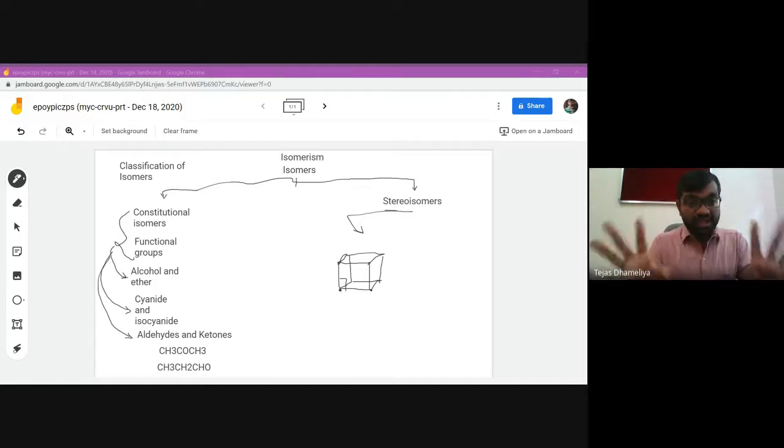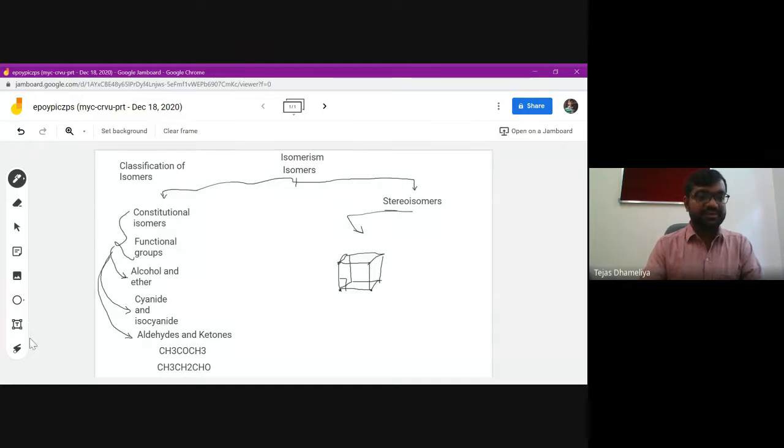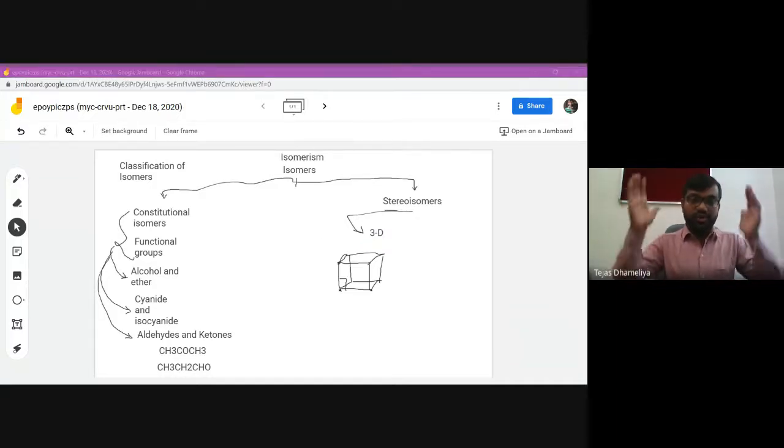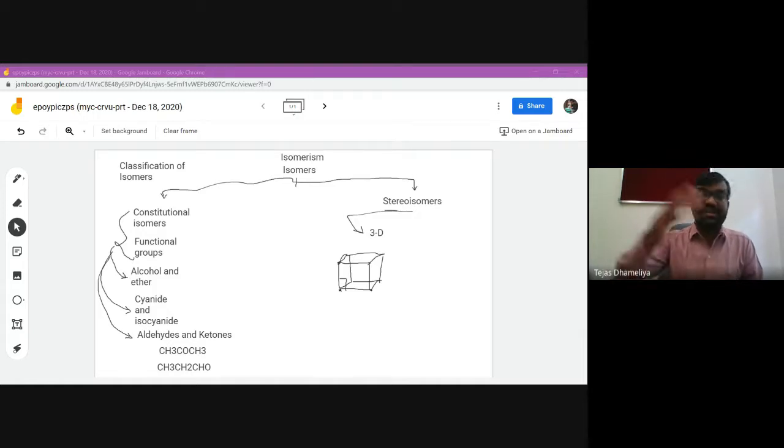So stereoisomers are the molecules which differ from each other in three dimensions: length, breadth, and depth. That way, these molecules can exist. Three dimension means you might have heard of a 3D movie. Because of COVID-19 we could not go, but now cinemas and theaters are open, so we can go and watch a 3D movie.